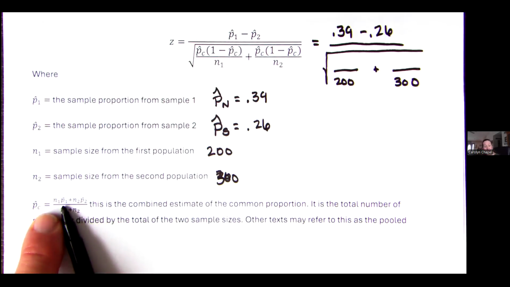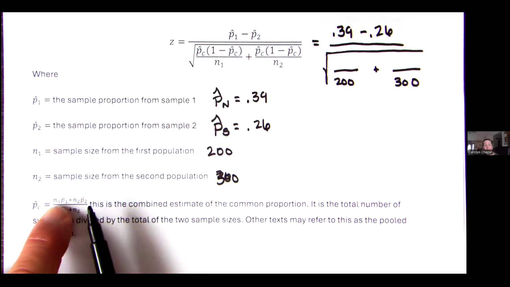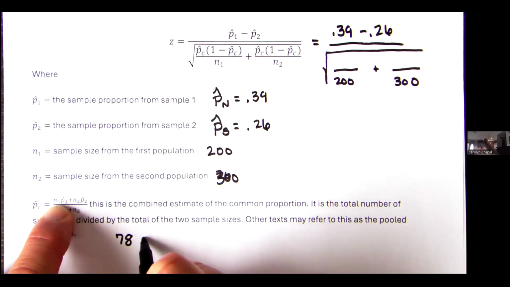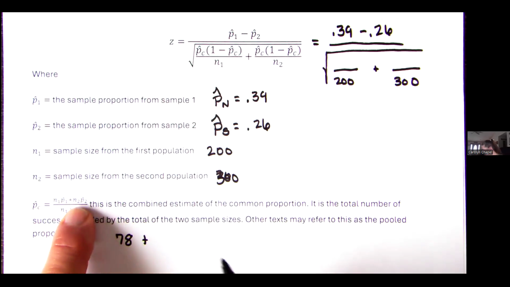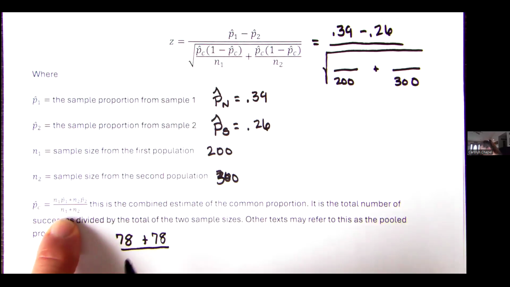Luckily for us, we've already calculated these two values when we did our checks. So we did do N1 times P1, that was 78. N2 times P2 is also 78. And then we're going to take our two N's and add them together, 200 plus 300.